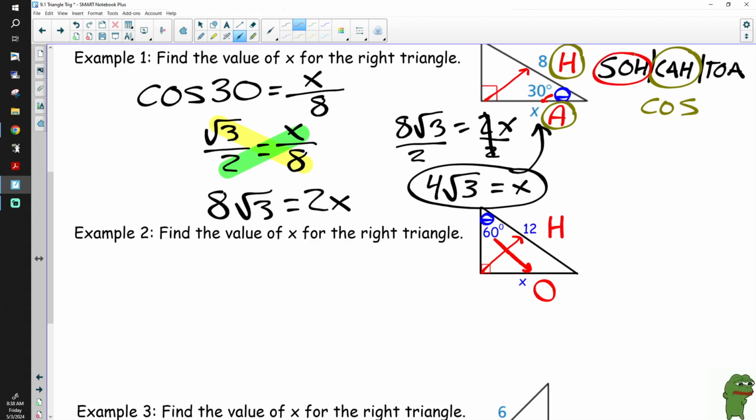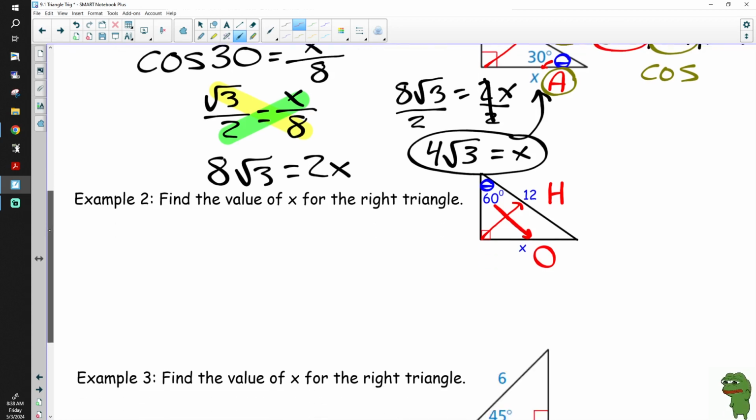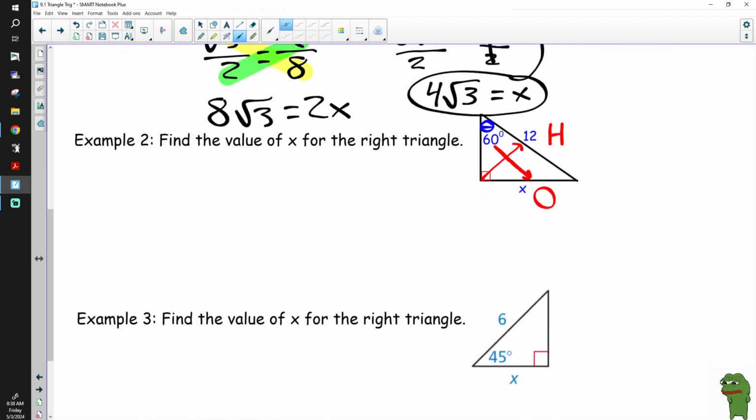So I know that I'm going to use sine for this one. Okay? So I have the sine of 60 degrees equals my opposite over hypotenuse, x over 12.